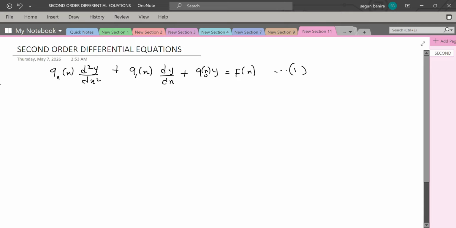Now, if f(x) is equal to 0, equation 1 is called a homogeneous equation.